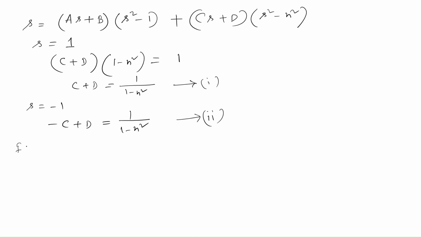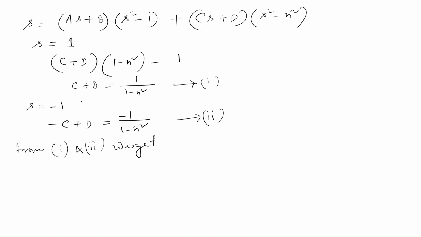From 1 and 2, we get minus c plus c cancel, twice d. There should be a minus sign here because s equals to minus 1, so in the left hand side there is a minus sign.